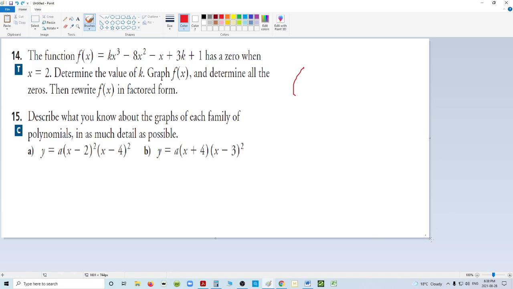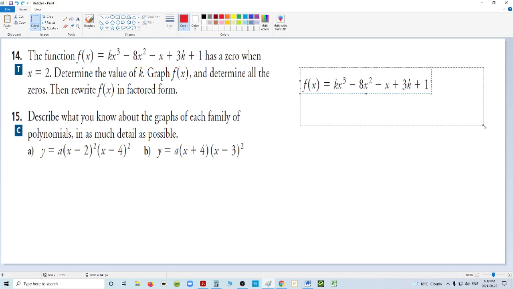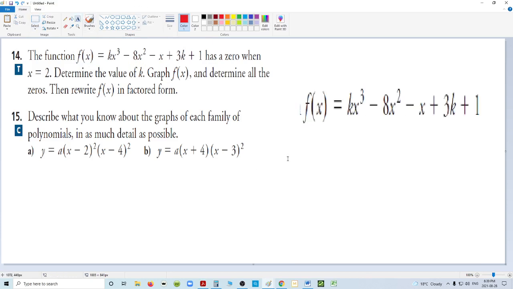All right, let's see if it's possible to do it. So that means that when y is 0, x is 2. So if I take the equation and work with what I know, and there's a plus 1, I'm just going to start with the information they gave me to see if it gets me anywhere.